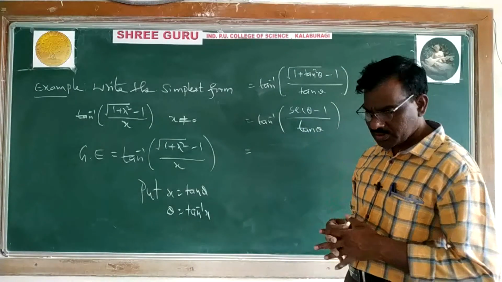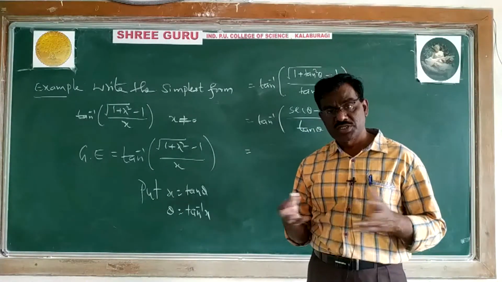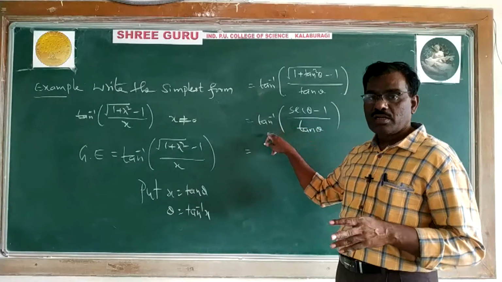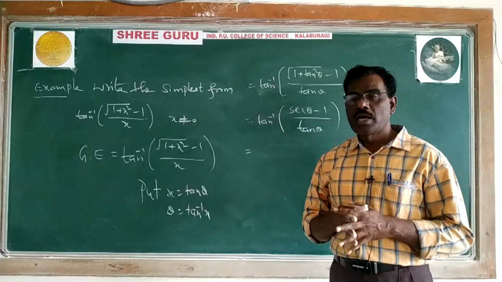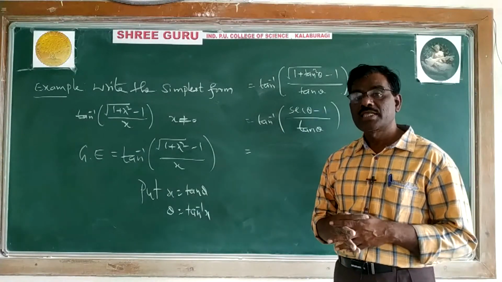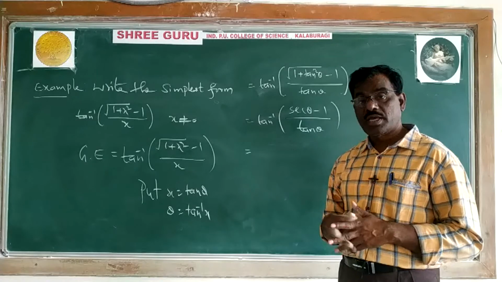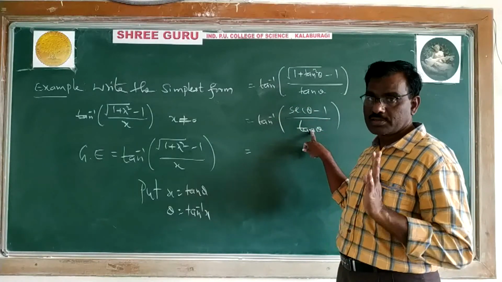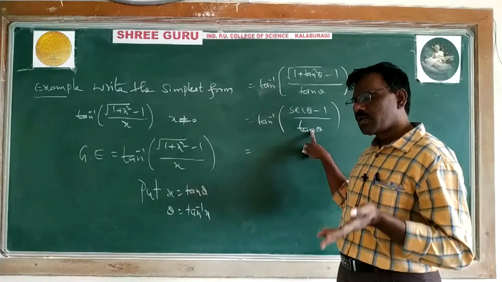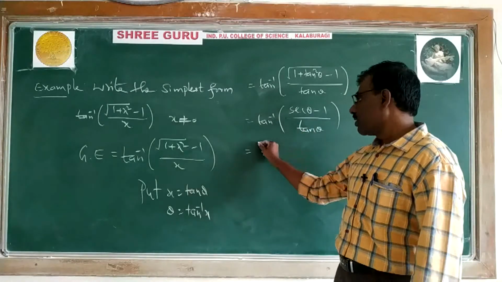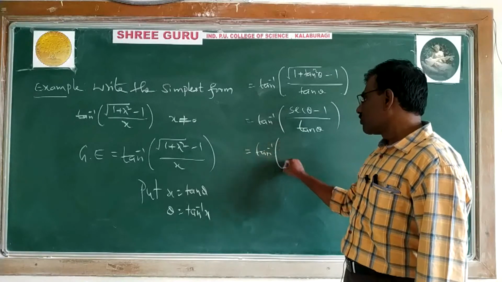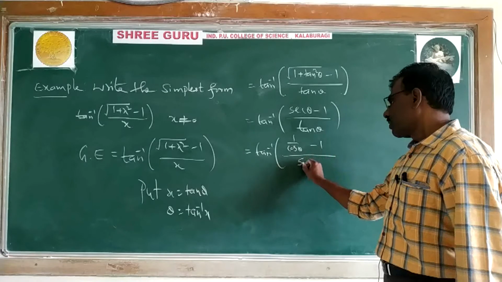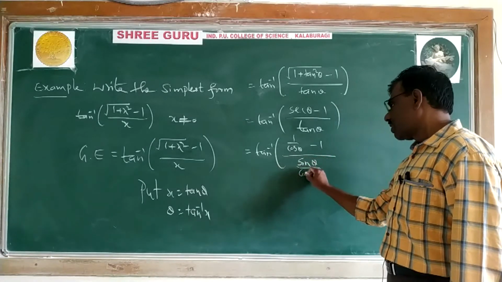I told you simplest means the least form, which is not yet coming. The least form comes when we get tan inverse of tan theta, either tan or cot, no other function. Other functions also come using a triangle. So write the formula: 1 by cos theta minus 1, divided by sin theta by cos theta.